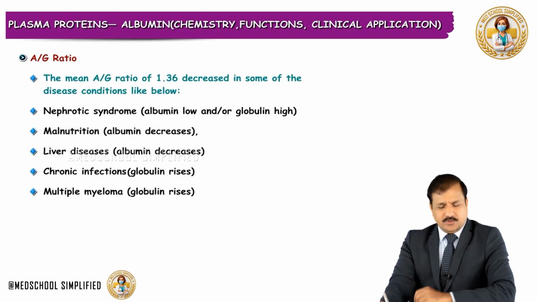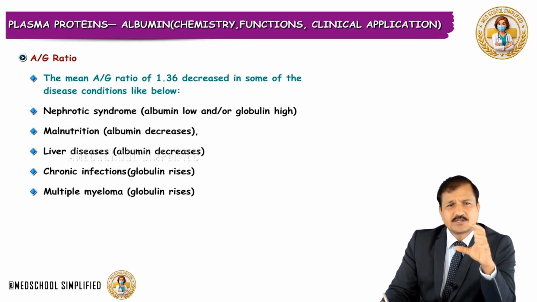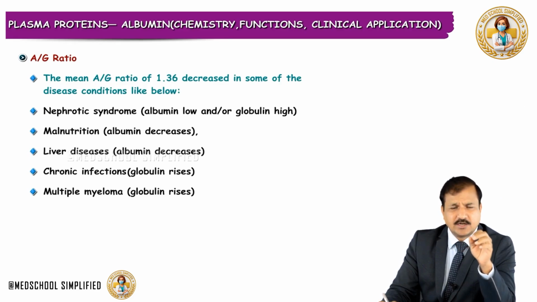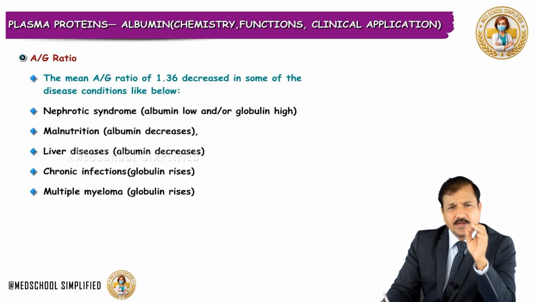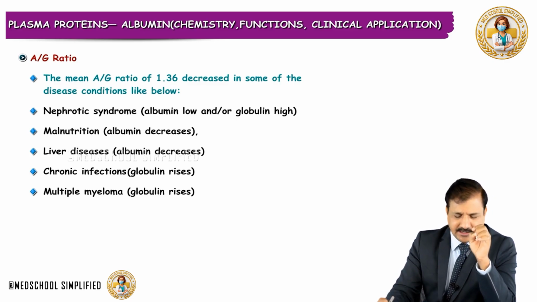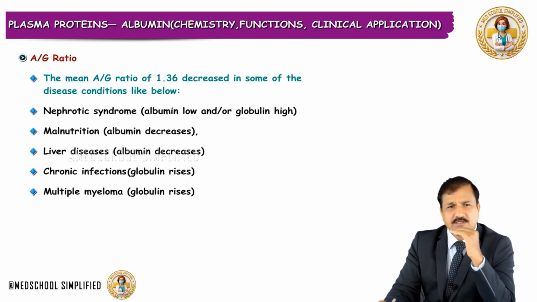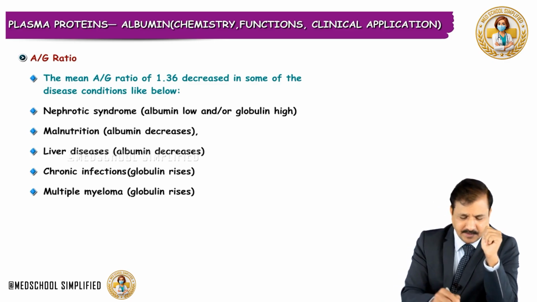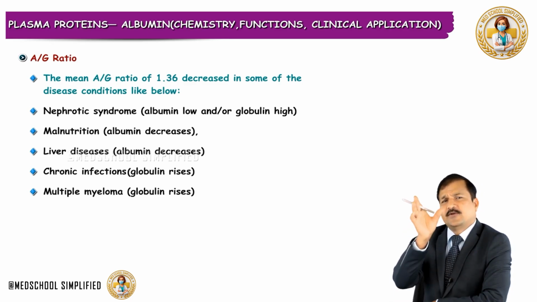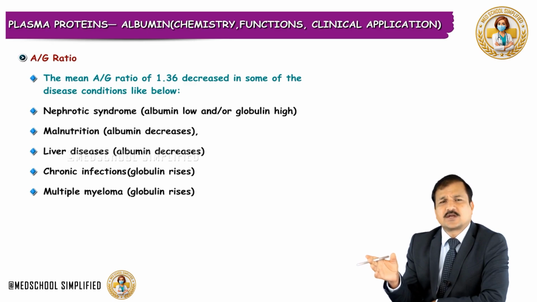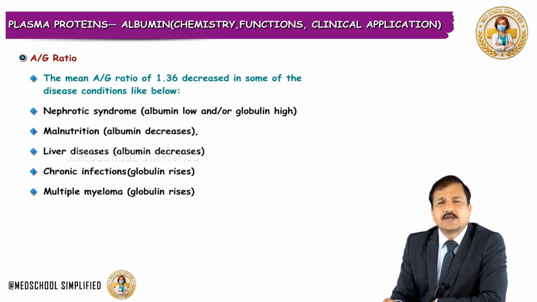Now let me explain some of the disorders where this ratio is altered. The mean albumin-globulin ratio that we have seen is 1.36, and this can be decreased in some disease conditions like those given here. In nephrotic syndrome, albumin levels are low and globulin levels are high, so the ratio will decrease.